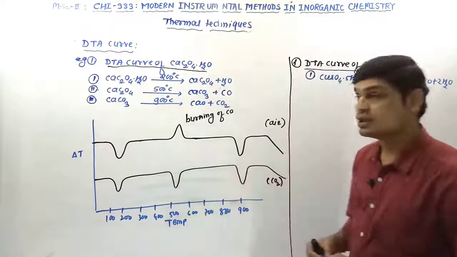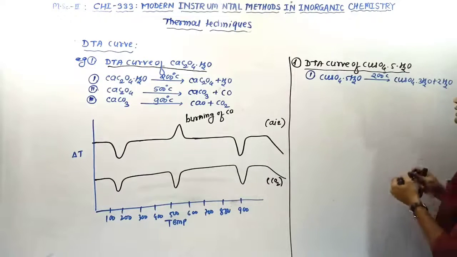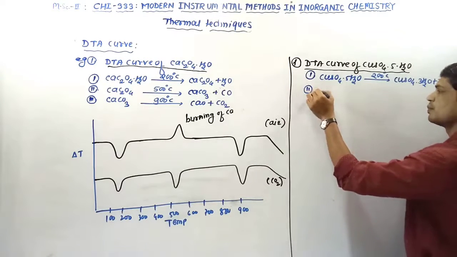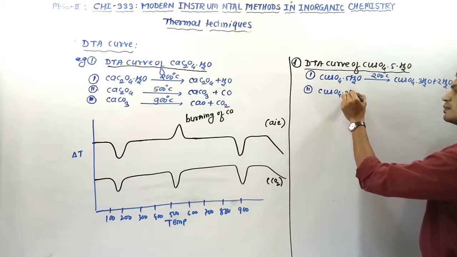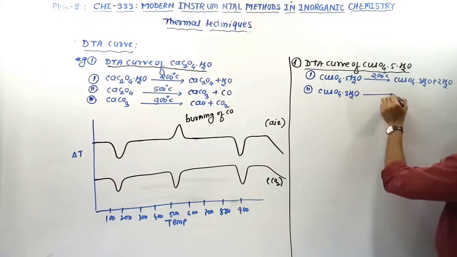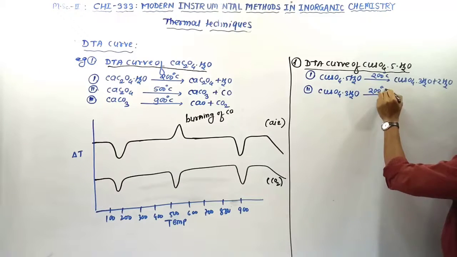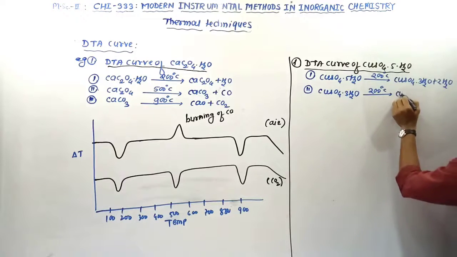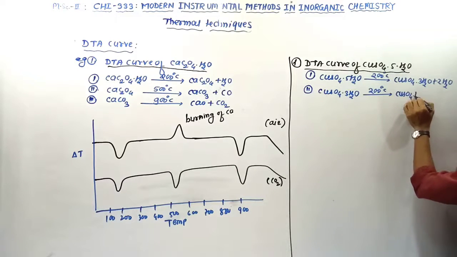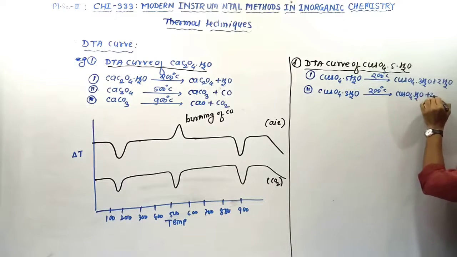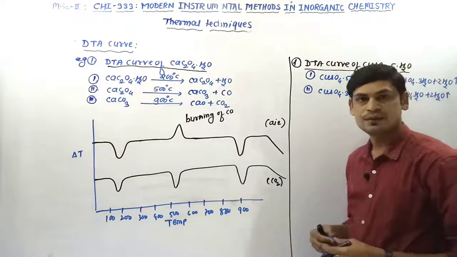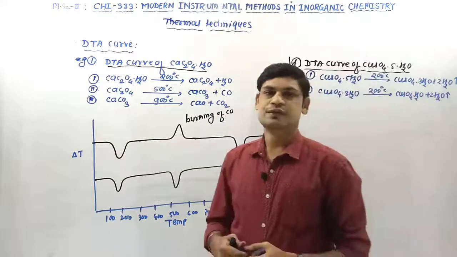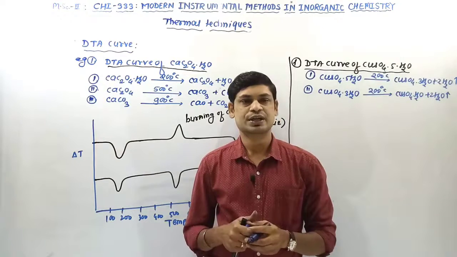Among the rest of the three water molecules, in the second step, near about the same temperature, around 200 degrees Celsius, we will get CuSO4·H2O plus 2H2O in the form of water vapors. Second case, we get the formation of copper sulfate monohydrate.